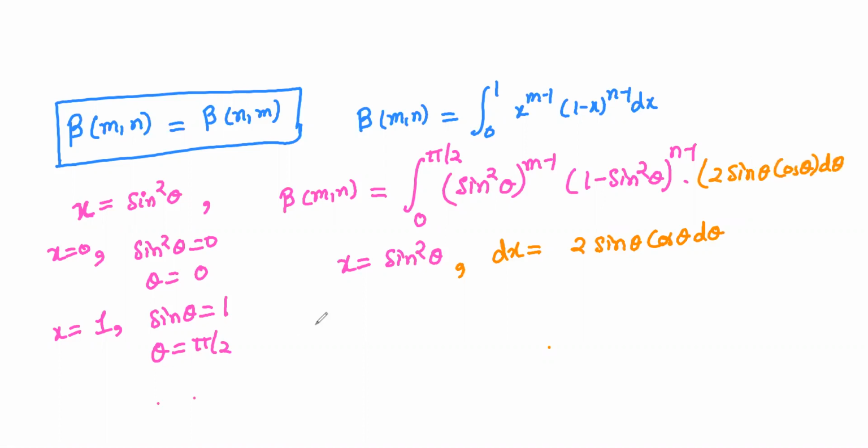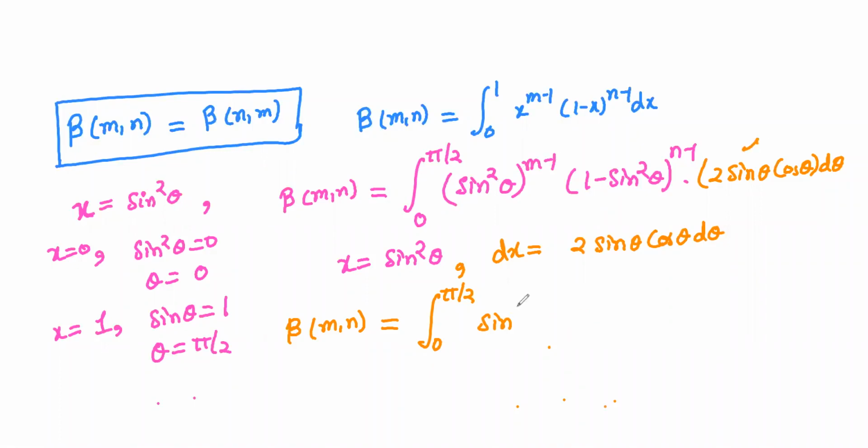So beta(m, n) is equal to the integral 0 to pi by 2 of sine 2m theta... Okay, directly I can write. Why to make it so clumsy? So can I write this is sine 2m minus 2, and this will be plus 1.